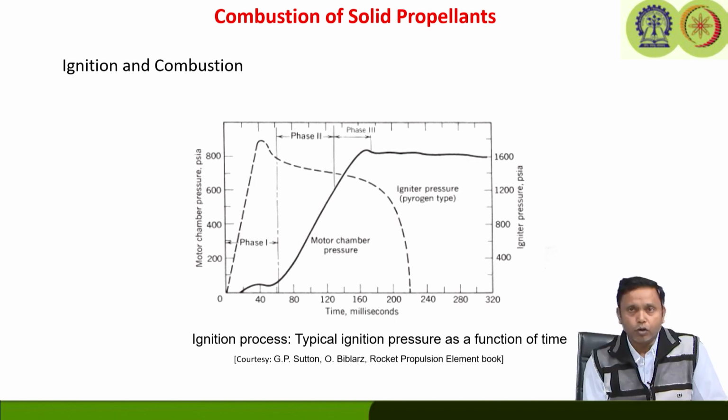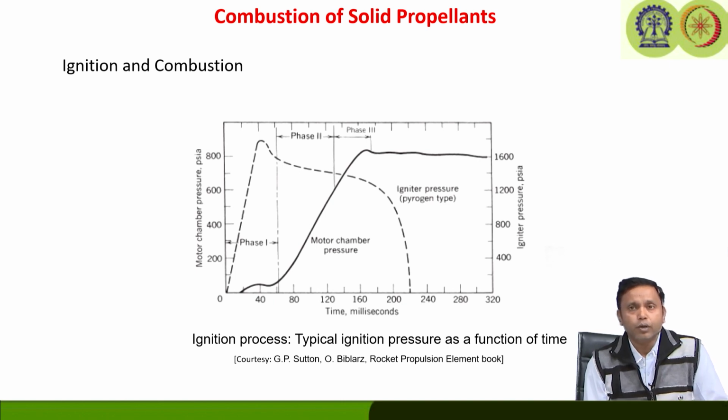If you recall what you have learned in your previous courses, like basics of combustion processes or introduction to jet propulsion, once you provide a heat source or energy source to a gaseous mixture, let us say a mixture of methane gas and oxygen, or a mixture of methane and air, it will lead to some chemical reactions and provide some light and heat.